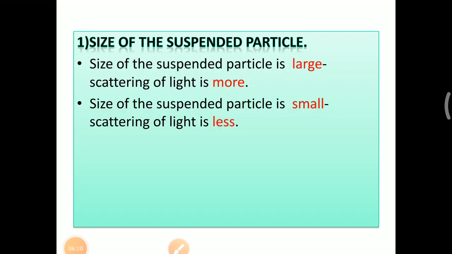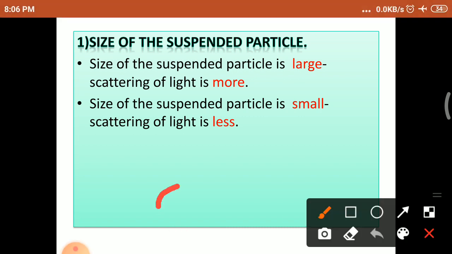The first one, the size of the suspended particles. In the atmosphere, all the particles are suspended. If the size of the suspended particle is large, scattering of light is more. If the size is small, scattering of light is less. Our atmosphere consists of many types of particles, large or small.